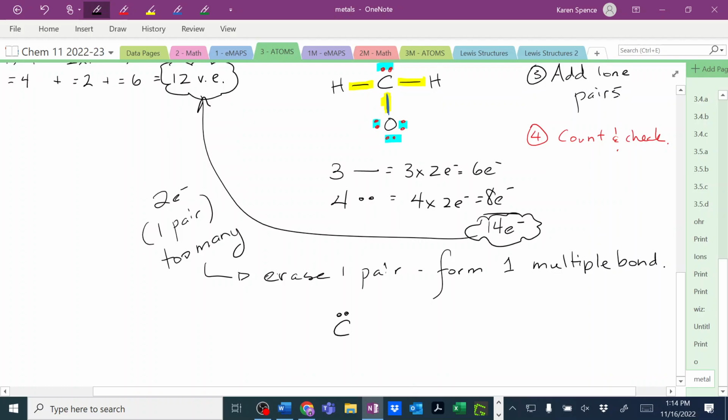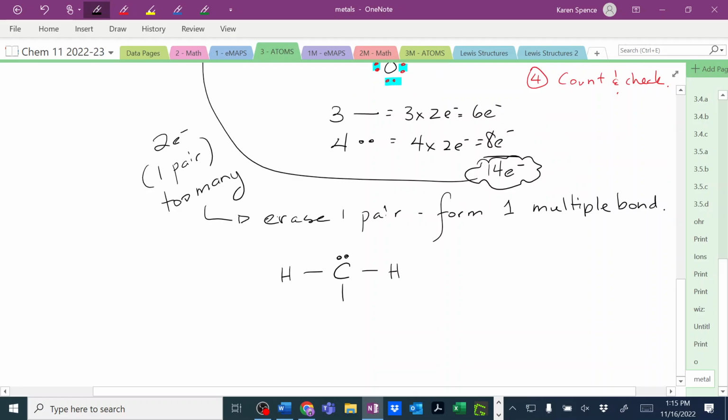So I'm just going to redraw my structure down here. All right. Who am I going to remove electrons from?